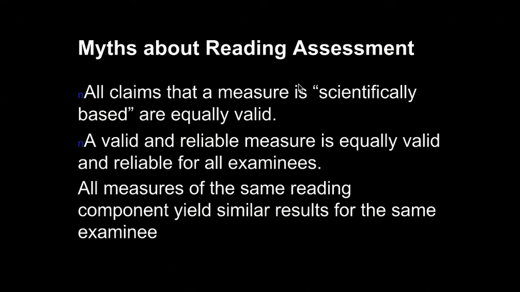Basically, in a super nutshell, fortune cookie condensed, smaller than Twitter condensed: valid is the idea that it's measuring what you want it to measure. And reliable is the same person would get the same score over and over again on the same measure.